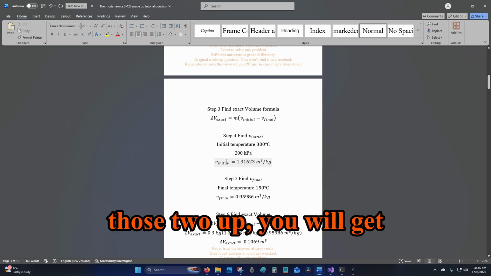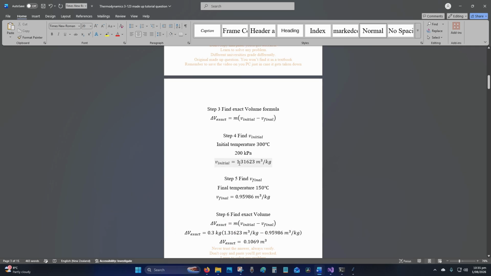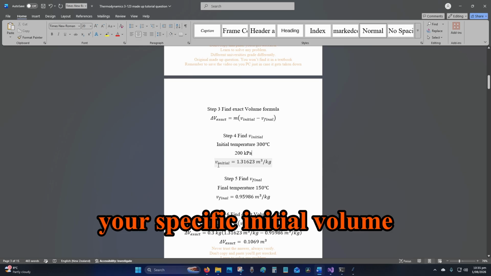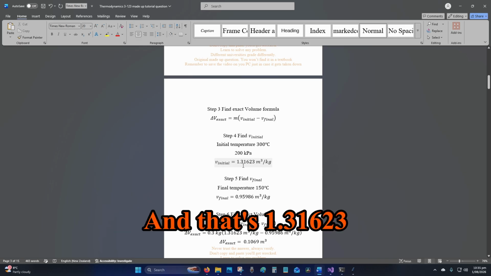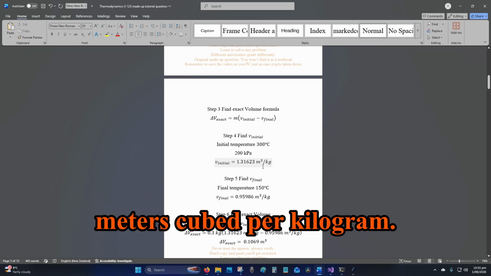Once you line those two up, you will get your initial specific volume, and that's 1.31623 meters cubed per kilogram.